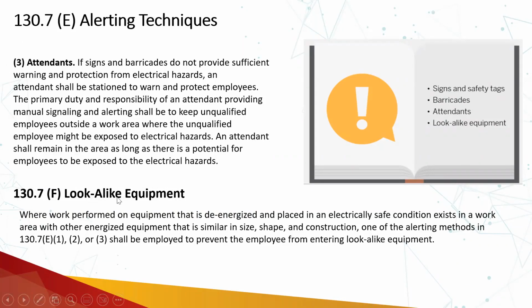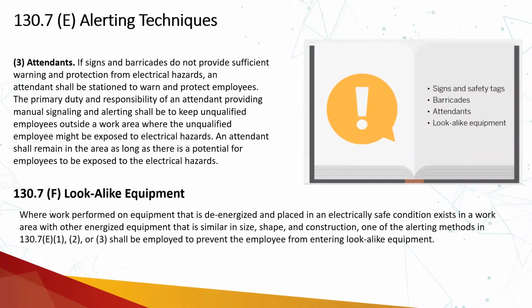Then 130.7F talks about the lookalike equipment. So in one substation, if I'm working on transformer A, transformer B is also there. Transformer B is not in an electrically safe condition, but transformer A is. So how will we make sure that the people who are working in that particular substation know that only transformer A is in an electrically safe condition and the other is not?